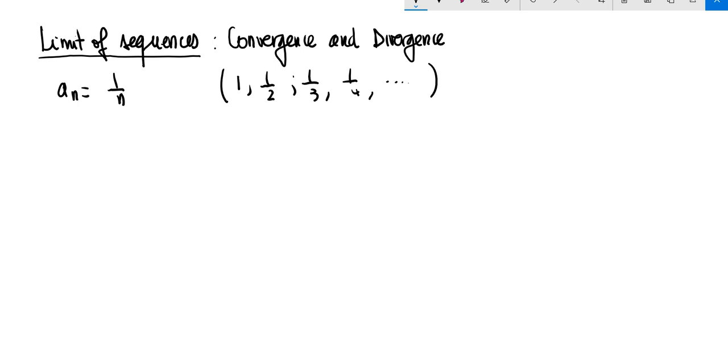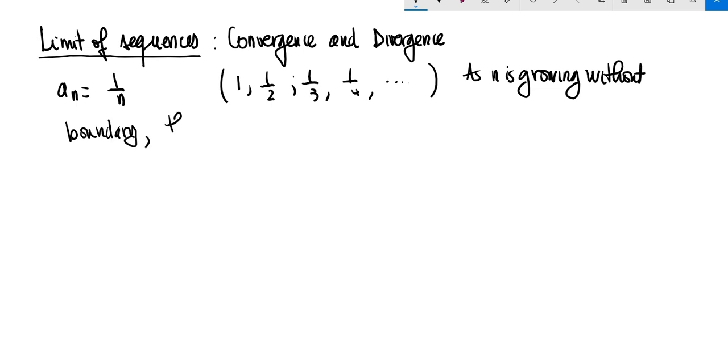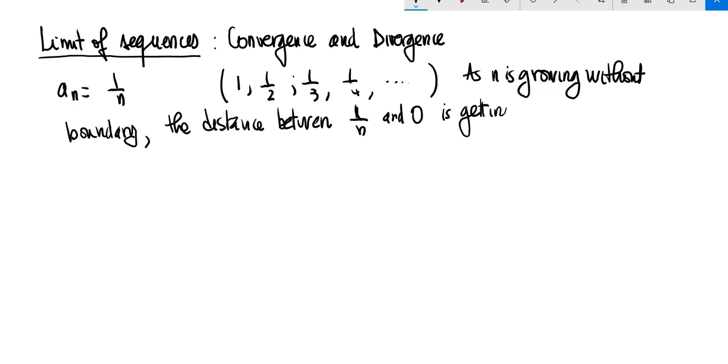And you can see here that as n is growing without boundary, the distance between 1 over n and 0 is getting smaller and smaller.